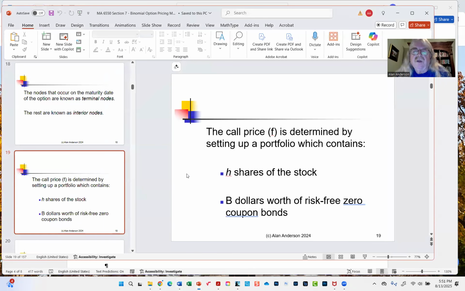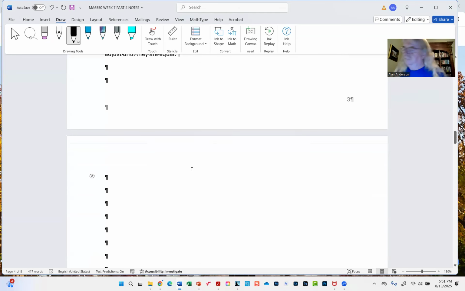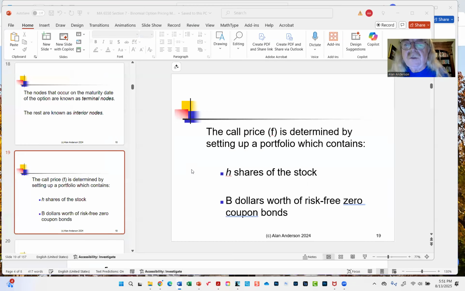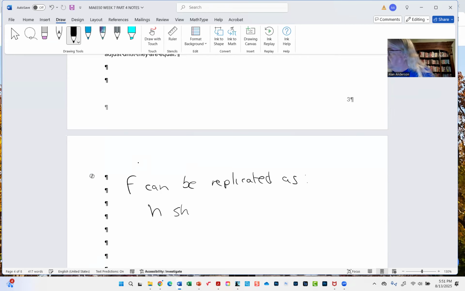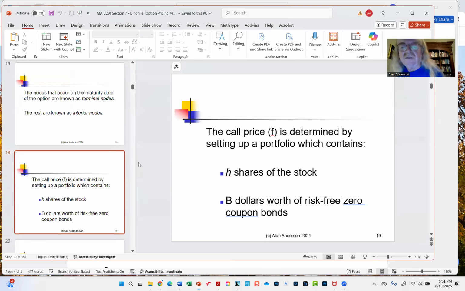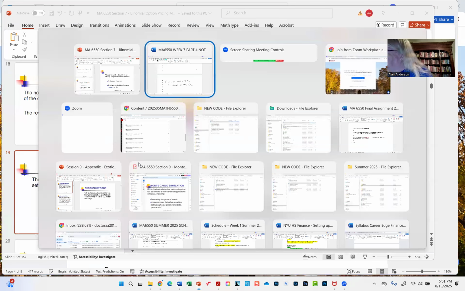All right, so here's how it's going to work. We're going to start by saying F, the call price, the value of the call. Now, if you notice, we still don't know these; we're going to solve for them by solving simultaneous equations. We have H shares of the stock, which we don't know what that is just yet, and $B worth of the treasury securities.